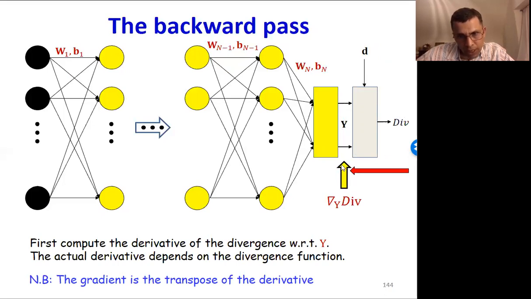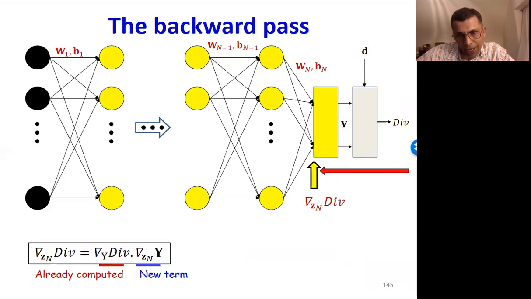Now that we have gotten here, we can take a step back and compute the derivative with respect to the affine values at the output layer. Now remember that going backward into the network is like going into the nested function.